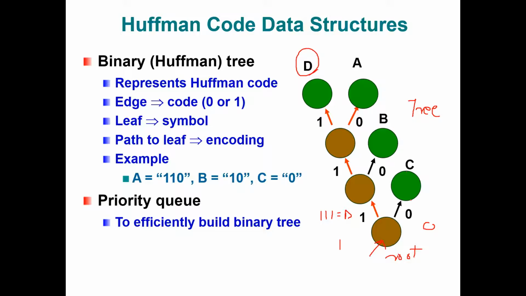Similarly, if we traverse it like this, first we go right, then we go left, which is 0, and then we reach the final node, which is B, so 1 0 equals B in the encoded document.